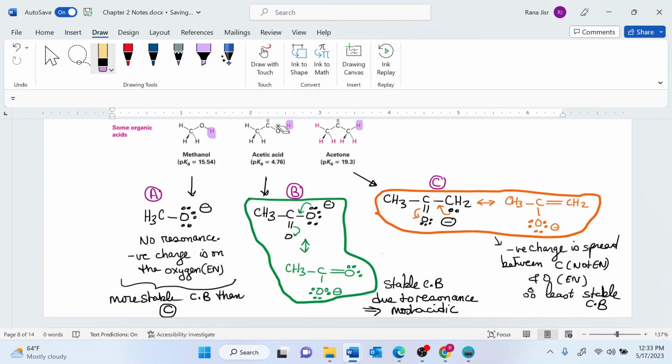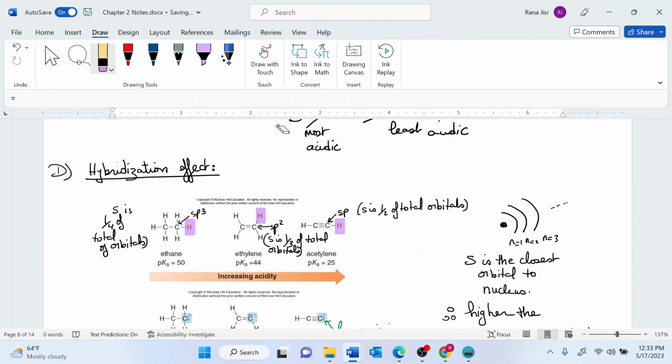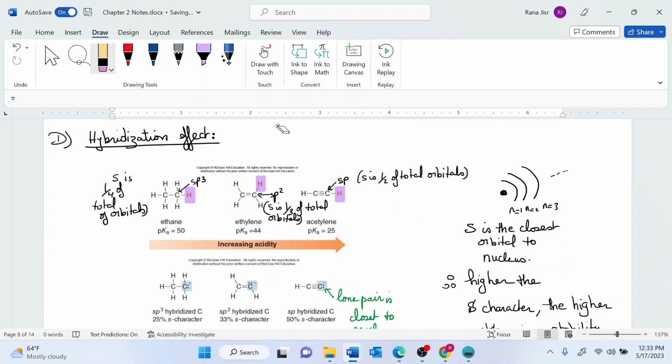Another factor that determines the acidity of the acid is hybridization. Normally, we use this whenever the acidic hydrogen is connected to either a triple bond, a double bond, or a single bond, meaning that we're working with hydrocarbons. When an acidic hydrogen is connected to an sp hybrid carbon, that is going to be way more acidic.